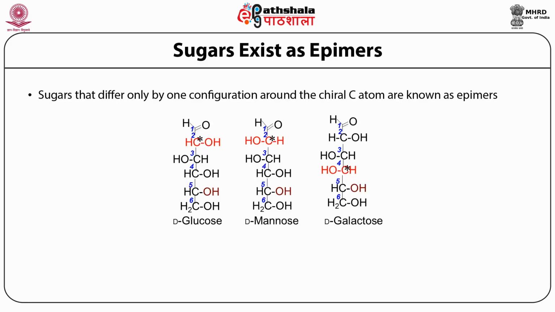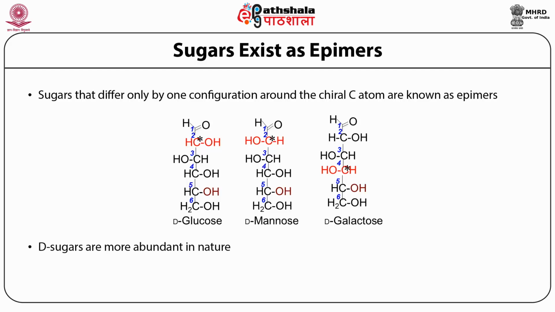These molecules are epimers because they differ in their stereochemistry only at a single carbon atom. If you look at the structure closely, you will see that mannose is an epimer of glucose at C2, as marked in red, while galactose is an epimer of glucose at C4. It doesn't matter around which carbon atom the stereochemistry differs, as long as that carbon atom is a chiral carbon atom in the molecule.